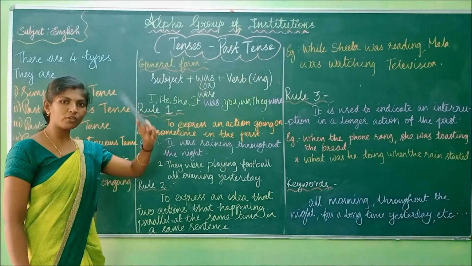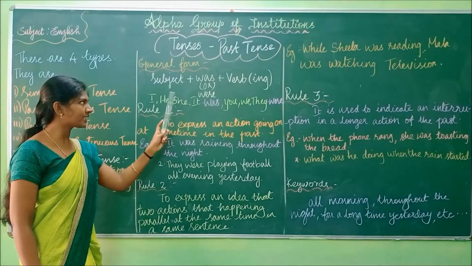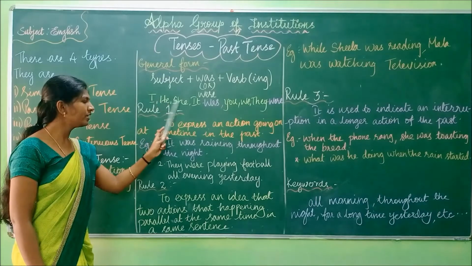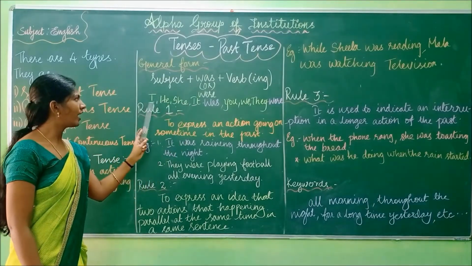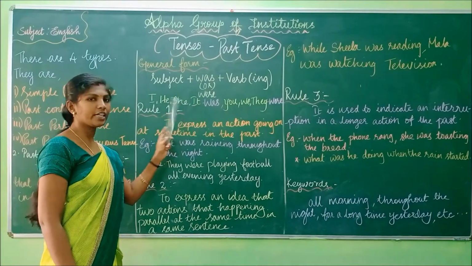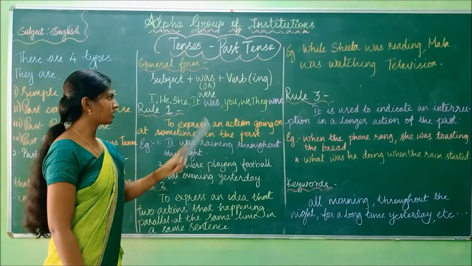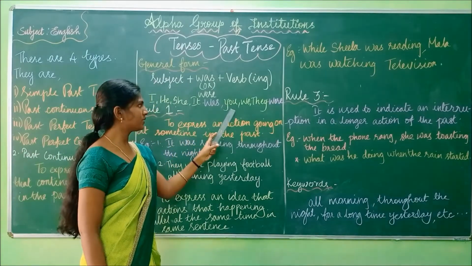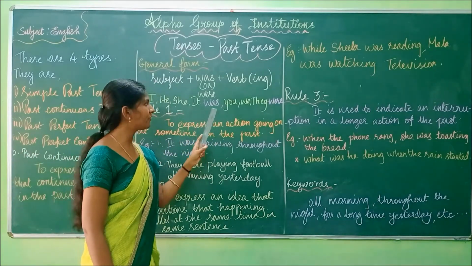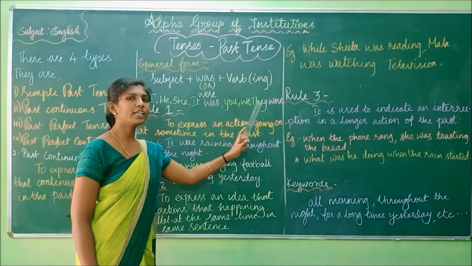So where do we use was? When the subject is I, he, she, it. When the subject refers to I, he, she, it, we use was. And where do we use were? When the subject refers to you, we, they.